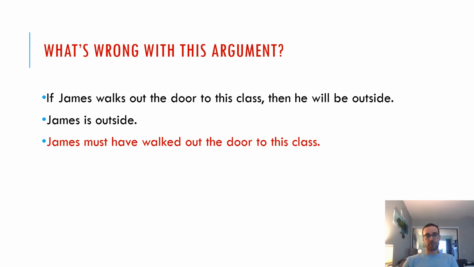So looking at this argument right now, I want to ask, what's wrong with it? I'm making the claim that James must have walked out the door to this class, and my reason for believing that is that if James walks out the door to this class, then he will be outside, and James is outside. I have two options.